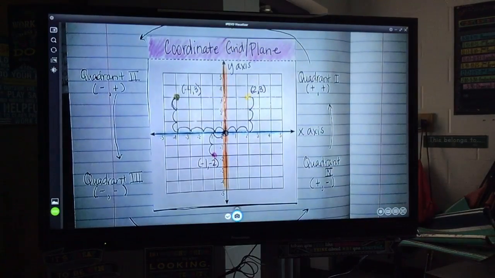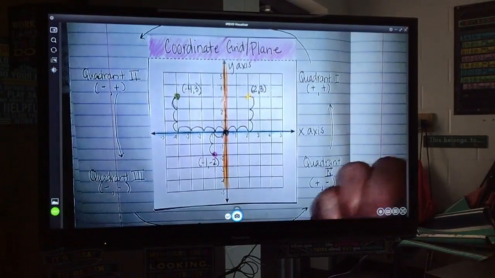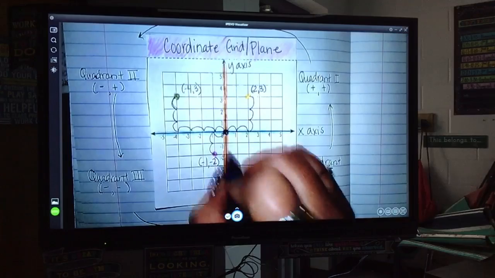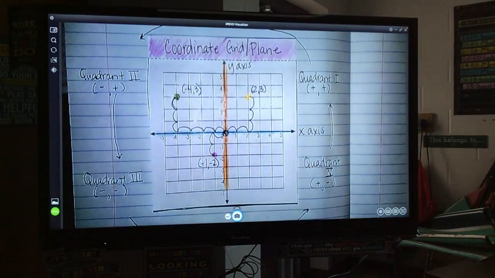And then my last point is 4, -5. Alright, Mason? You go to the one on the bottom, and you go over. Nope. Gotta go X first, then Y. Over 4 to the left.